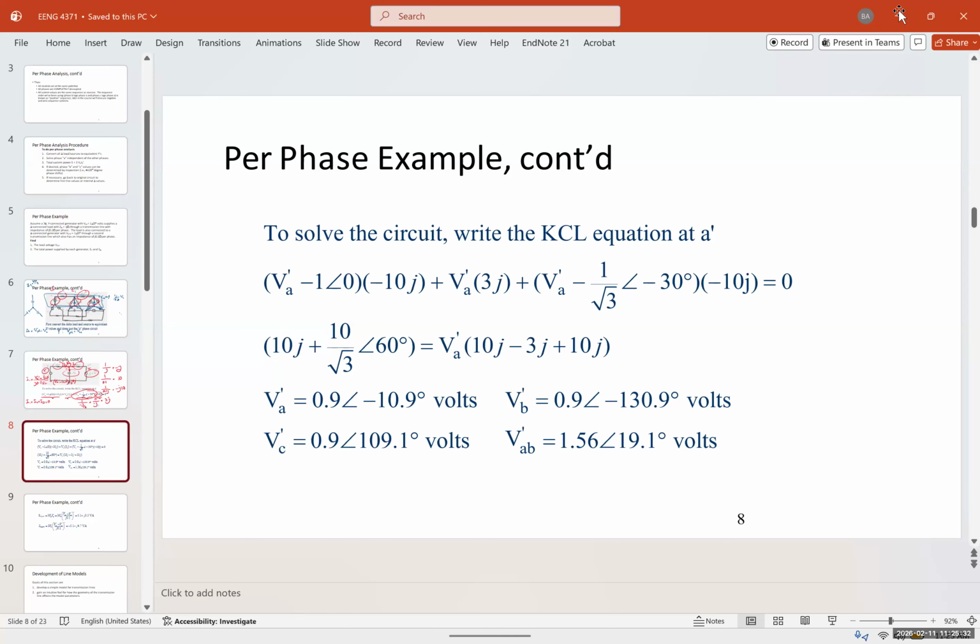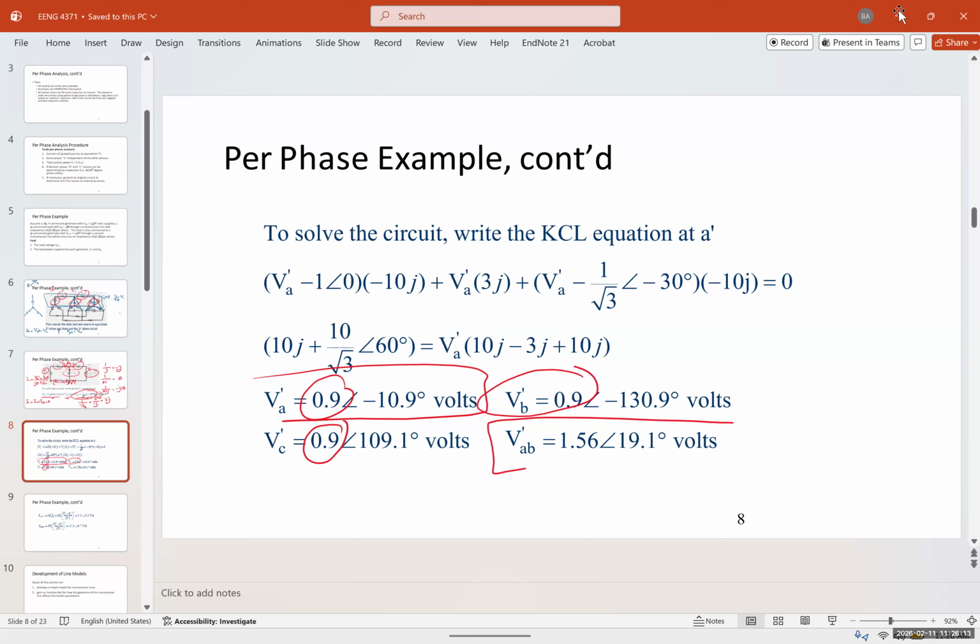Now, to solve the circuit, you write the KCL equation at A prime. When we do that, we add these three, convert the polar form to a rectangular form, and we can calculate it. Finally, VA prime is going to be 0.9 with a degree of negative 10.9 volts. VC prime is going to be the same amplitude, but by adding 120 degrees. VB prime is going to be the same amplitude with another 120 degree shift.